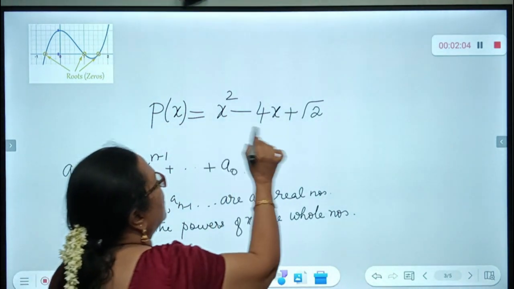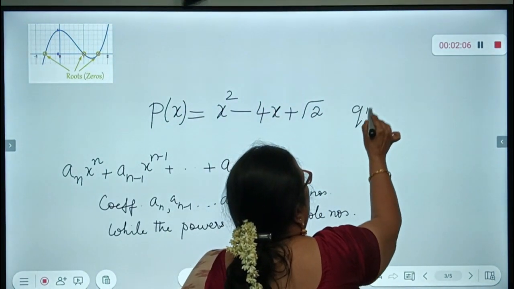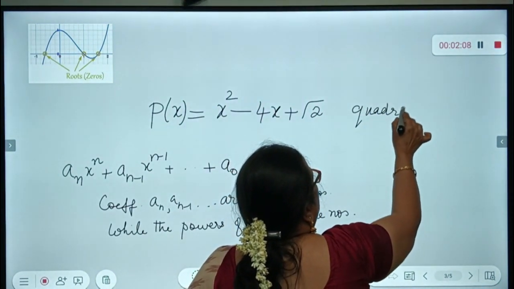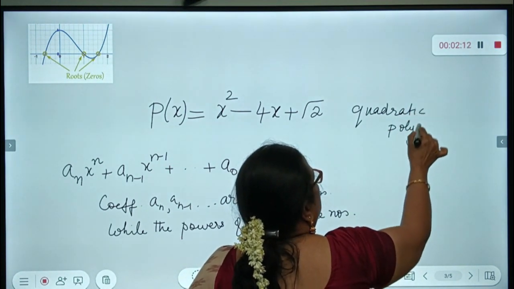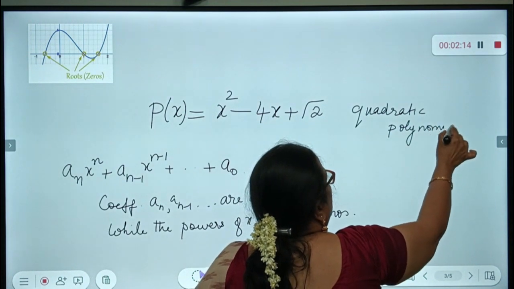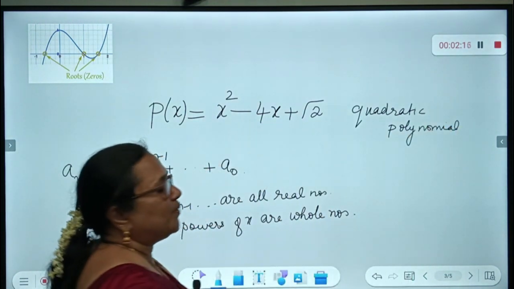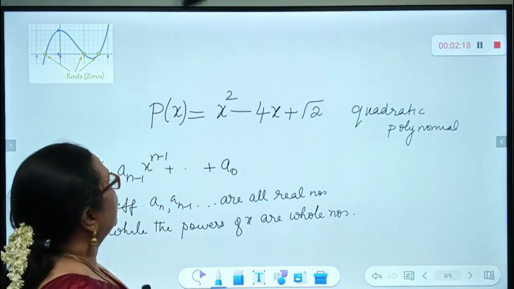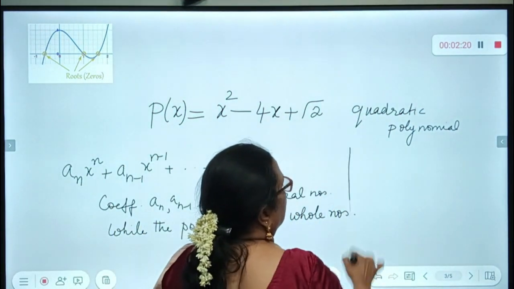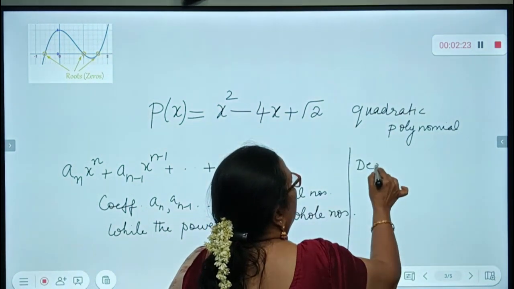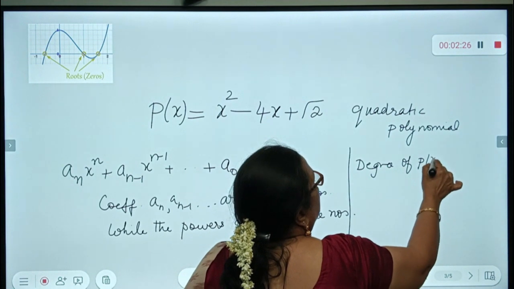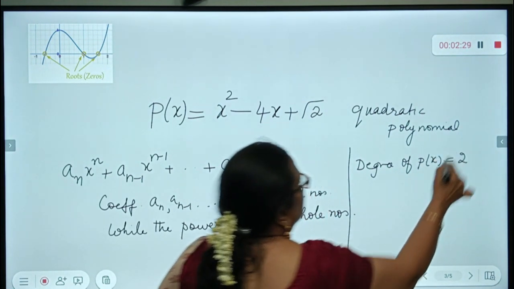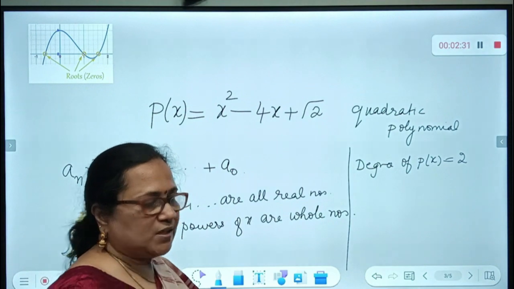So this is called a quadratic polynomial. The highest power of x is called the degree of a polynomial. So the degree of p of x is 2. So this is one example.